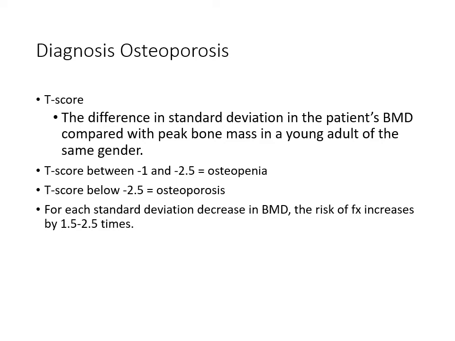A T-score between -1 and -2.5 means there is osteopenia. And a T-score below -2.5 means osteoporosis. For each standard deviation decrease in bone mass density, the risk of fracture increases by 1.5 to 2.5 times.